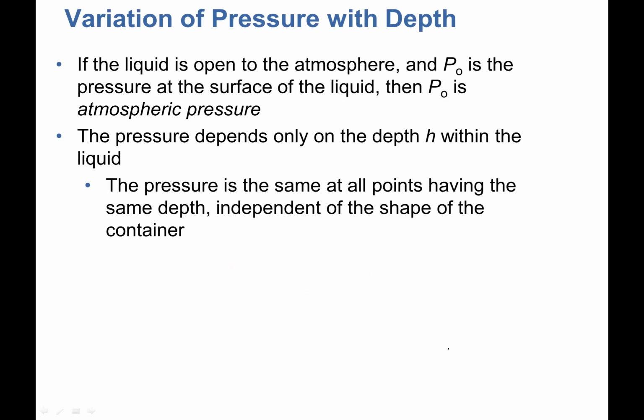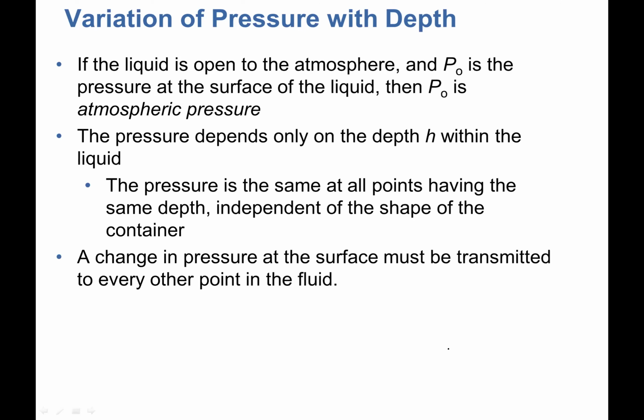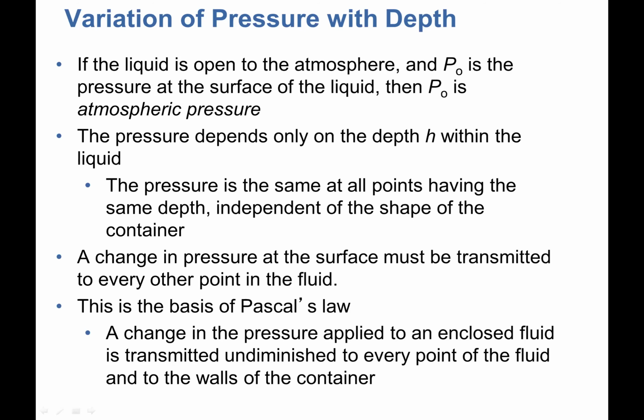And the change in pressure at the surface must be transmitted to every point in the fluid. This is a very important principle, sometimes called Pascal's principle or Pascal's law. It says that a change in pressure applied to an enclosed fluid is transmitted undiminished to every point of the fluid and to the walls of the container.